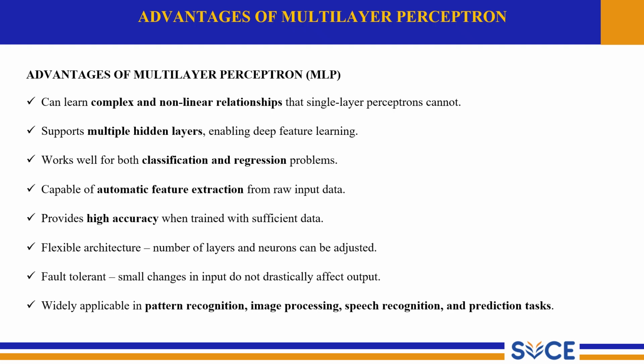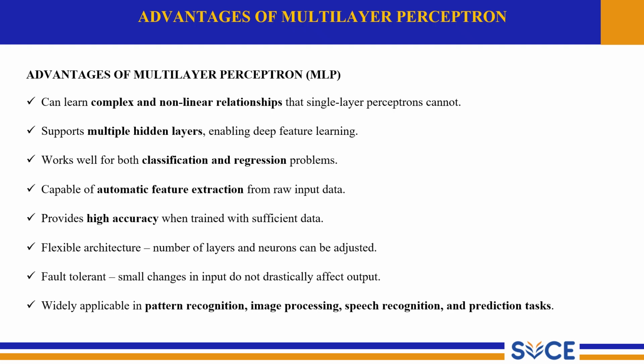The network can automatically extract and transform features from raw input data, reducing the need for manual feature engineering. Third, MLPs are versatile and work well for both classification and regression problems, making them suitable for a wide range of applications. And when trained with sufficient data, MLPs can provide high accuracy in predictions.